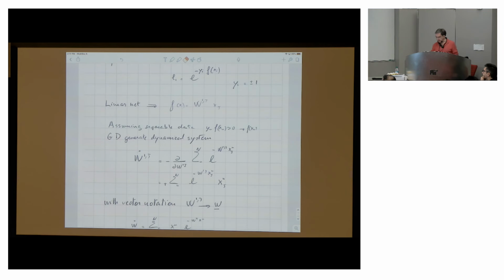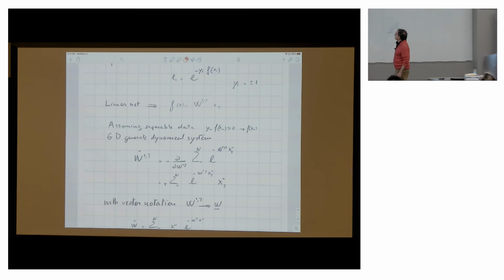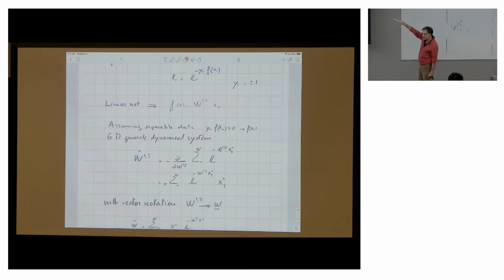This means that these terms yi f of xi can be positive, so you are correct for all of the data points.